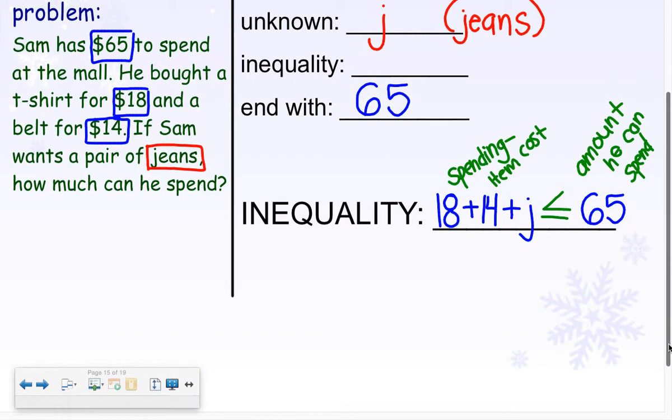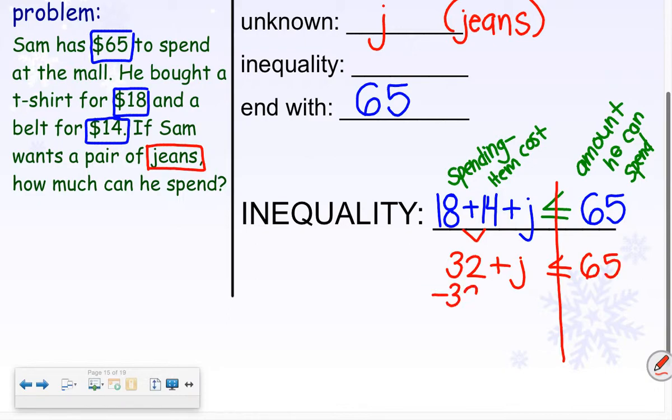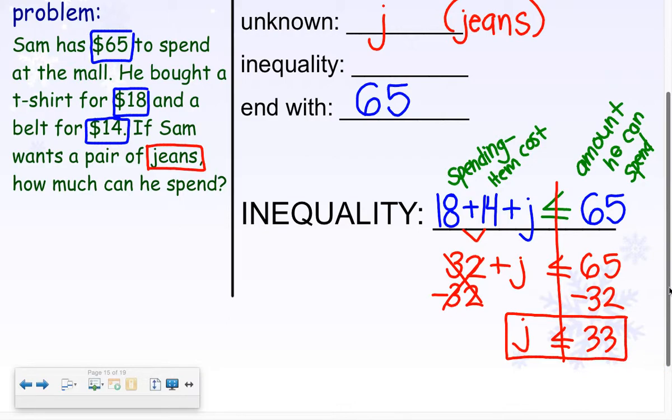So let's go ahead and solve this. So I'm going to add together 18 and 14, and I'll get 32. And then I'll subtract $32 on both sides. So here's what this means, and for real world problems, we're going to write a sentence when we're done.